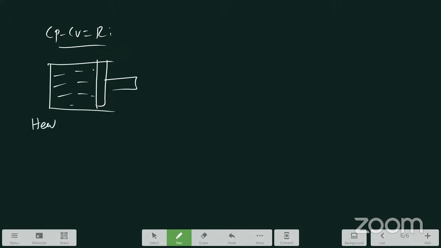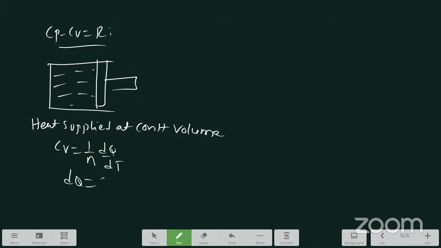Heat supplied at constant volume: students, here dq is equal to Cv dT, in question 1, because n is equal to 1. At constant pressure, one more equation.